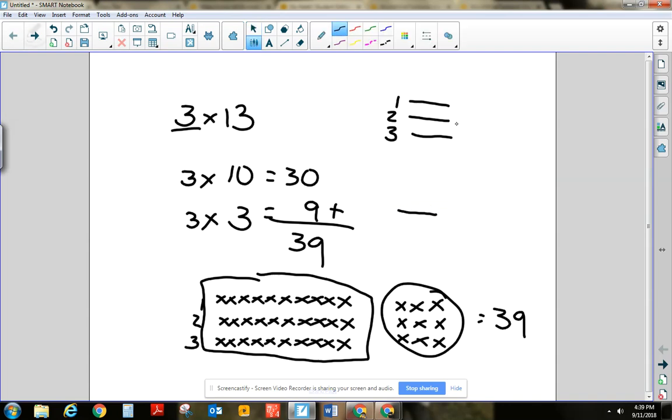So there's my 30, and then I can do 1, 2, 3, 1, 2, 3, 1, 2, 3. So I can go 10, 20, 30, 31, 32, 33, 34, 35, 36, 37, 38, 39. So this is kind of what we're looking at when it comes to the pictures with the arrays. This is how we're going to try to frame it and write it down to show our work.